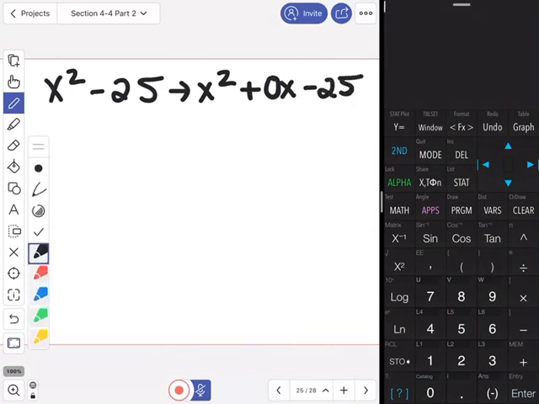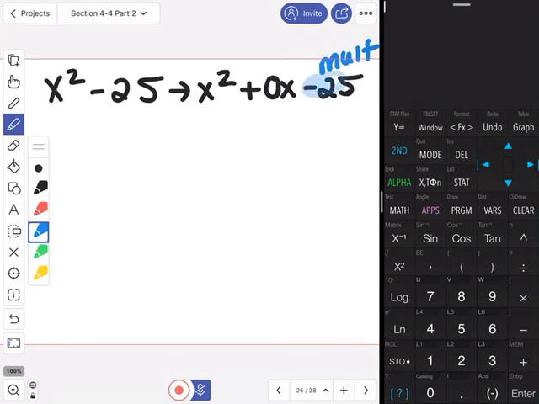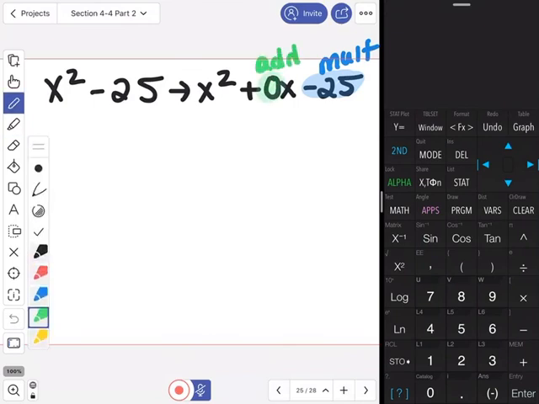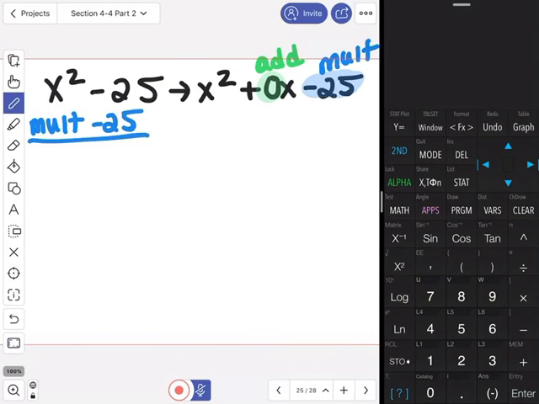So now I want to list all the numbers that multiply to negative 25 and add to equal 0.